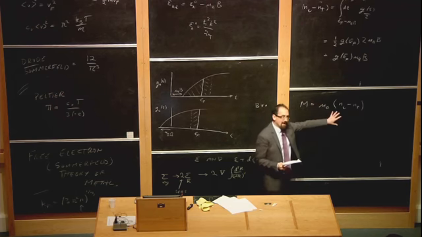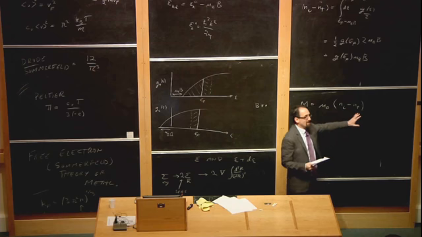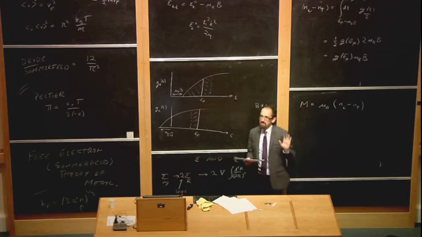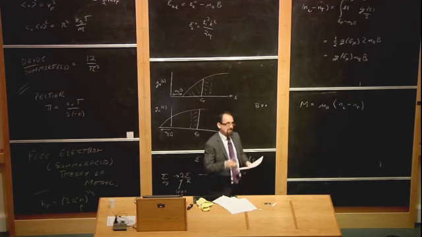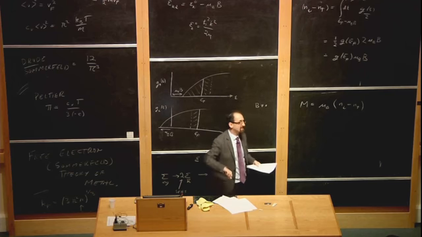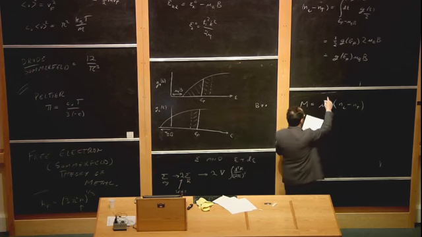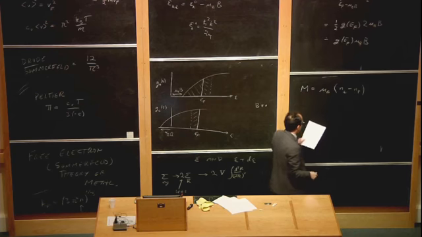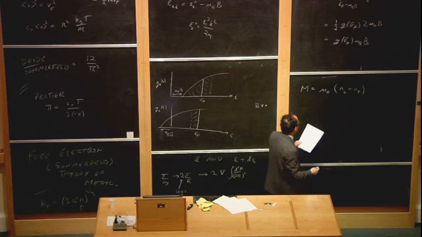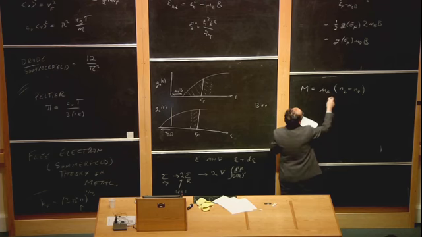And if you want to know why the sign comes out this way, why it's downs minus ups, not ups minus downs, it's because the charge on the electron is negative, meaning the spin of the electron actually points opposite its magnetization, which is pretty confusing. But that's what we have to deal with because the charge of the electron is negative. OK, so we'll plug in n up minus n down.